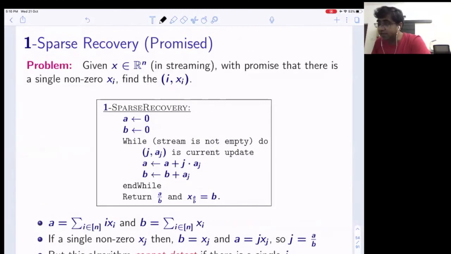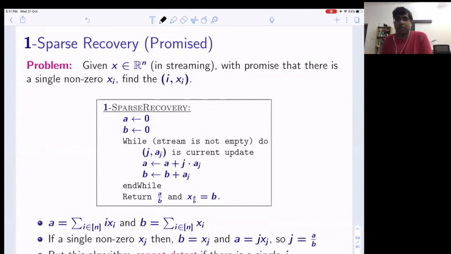But this algorithm cannot detect if it is a single j. If it is promised, then this is fine. What I mean by cannot detect is that whenever your input is one-sparse, then it is definitely going to be correct.